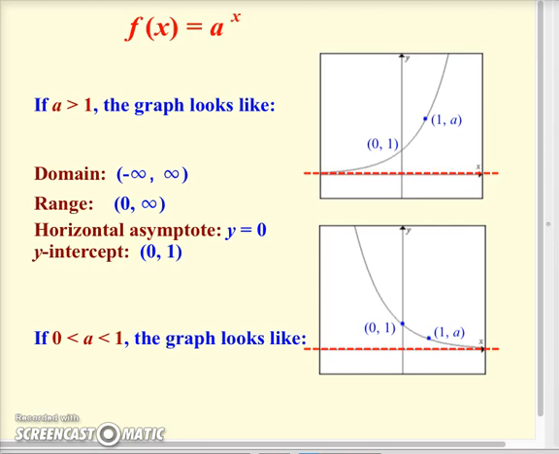Horizontal asymptote is at y equals 0, again, unless we have a shift up or down. When we shift graphs up or down, asymptotes move along with the graph. And your y-intercept 0, 1, again, that depends on shifting also, but that's because an exponent of 0 would produce 1 all the time.